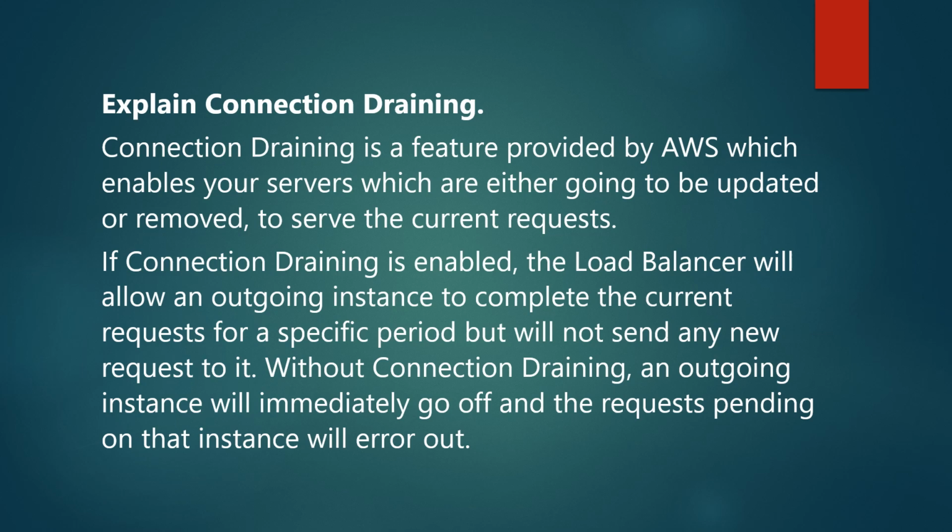If connection draining is enabled, the load balancer will allow an outgoing instance to complete the current request for the specific period, but will not send any new requests to it. Without connection draining, an outgoing instance will immediately go off and the requests pending on that instance will error out.